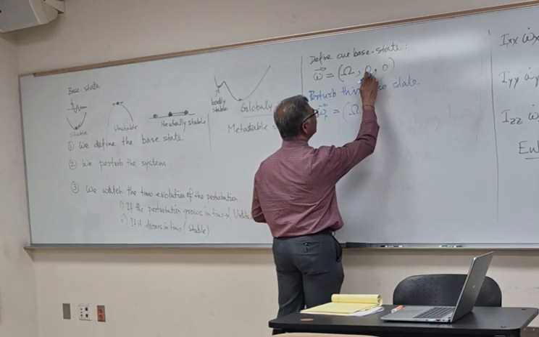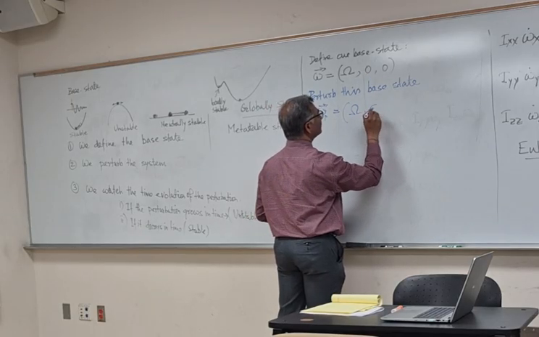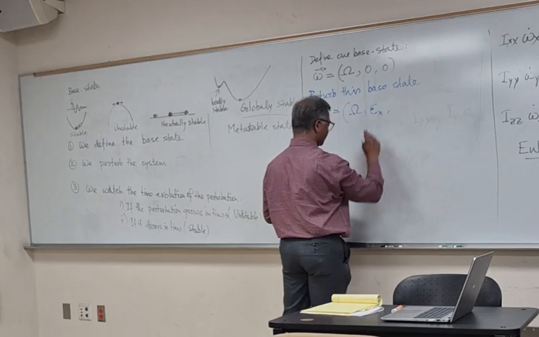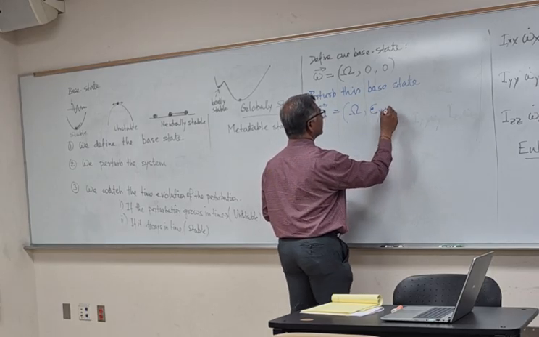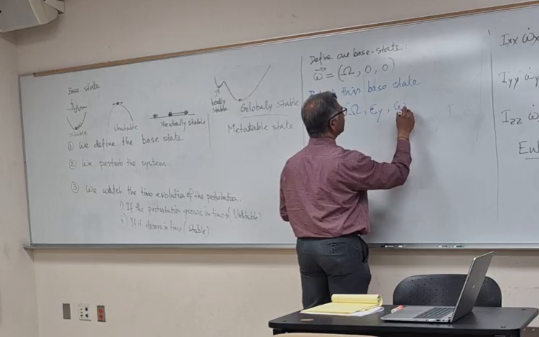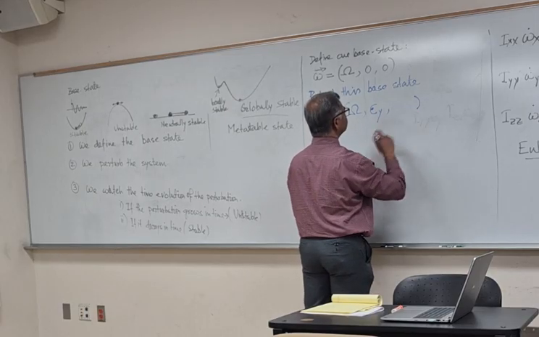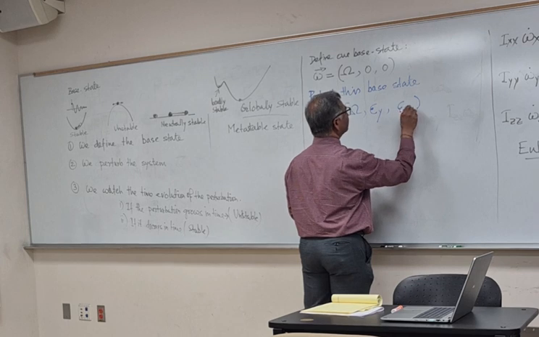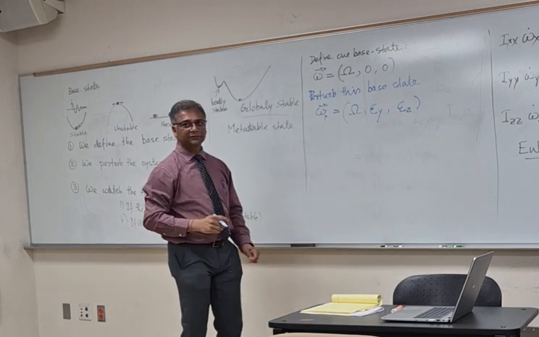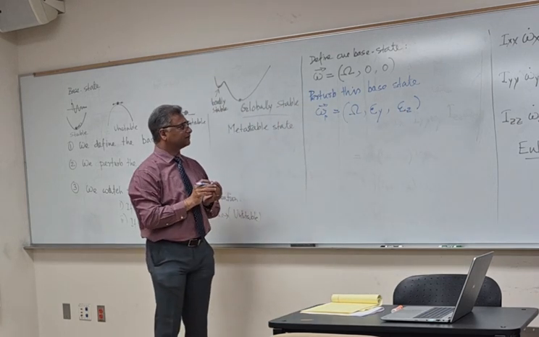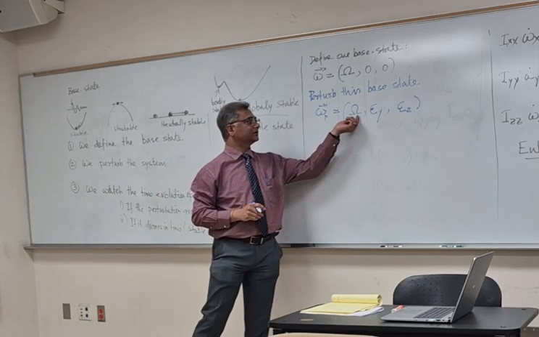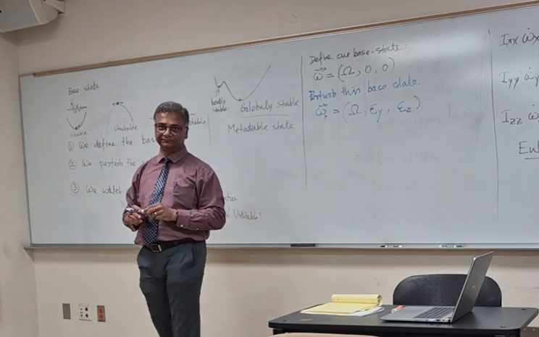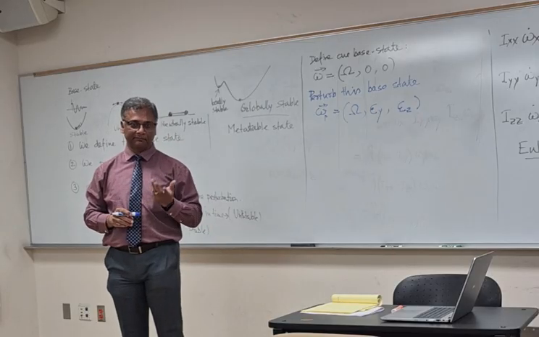I will add a little bit of wobble around the y-axis, epsilon y, and a little bit of wobble around the z-axis, epsilon z. What are these epsilons? Epsilons are very small numbers in comparison to the original rotation speed or angular velocity.